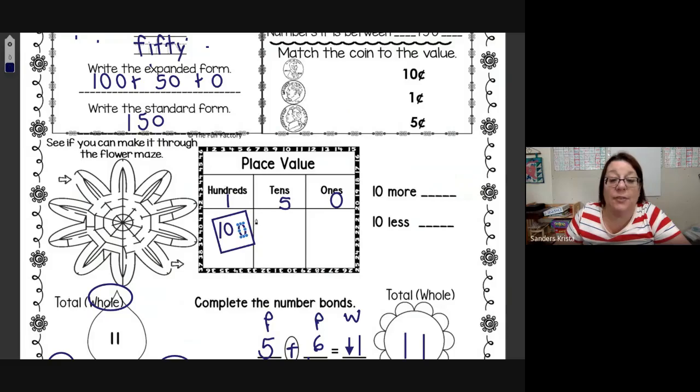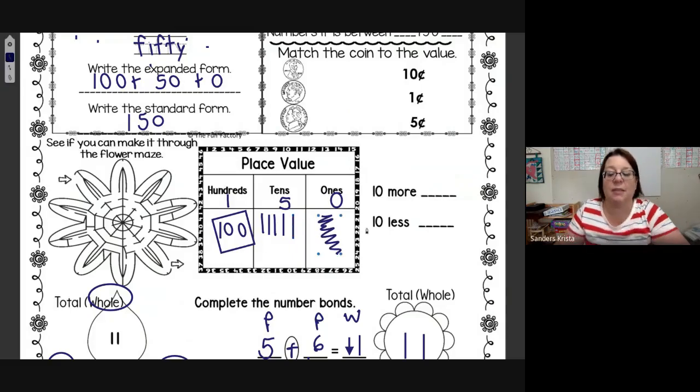I have 5 tens, 1 ten, 2 tens, 3 tens, 4 tens, 5 tens. So one group of 100 and 5 tens and nothing in my ones.